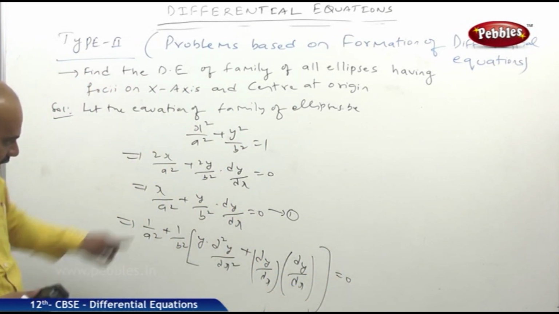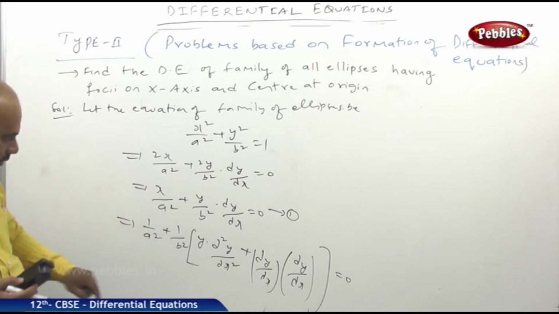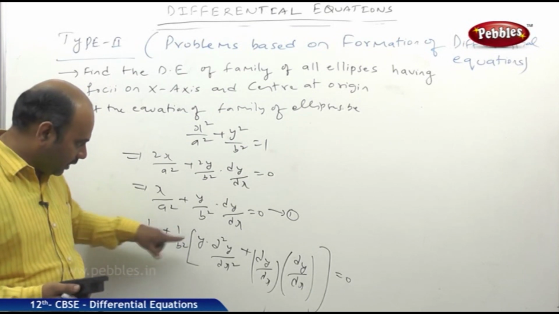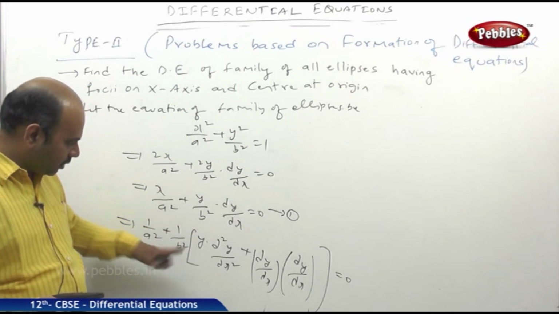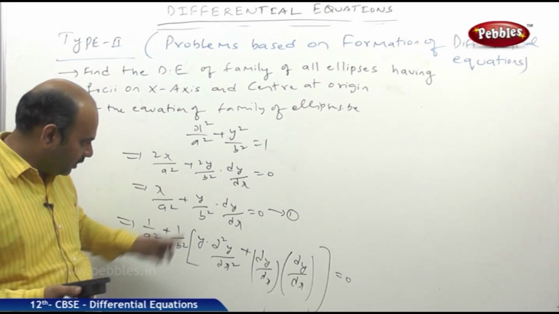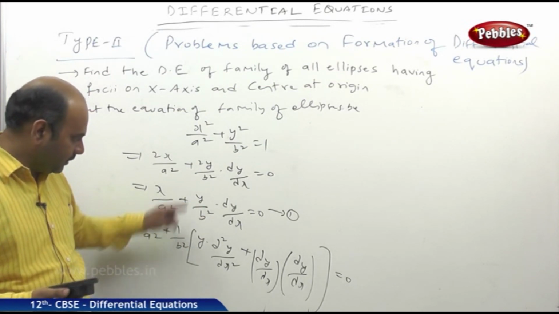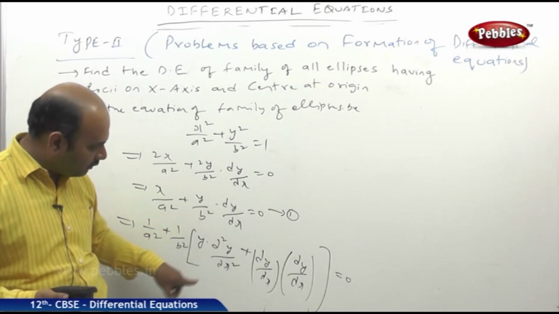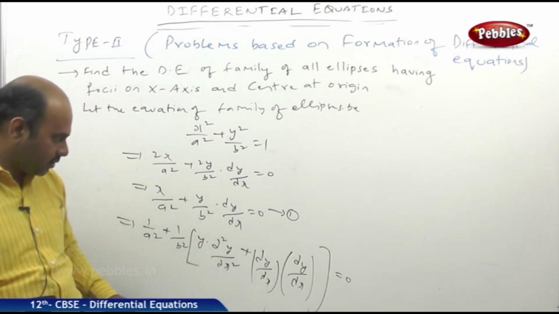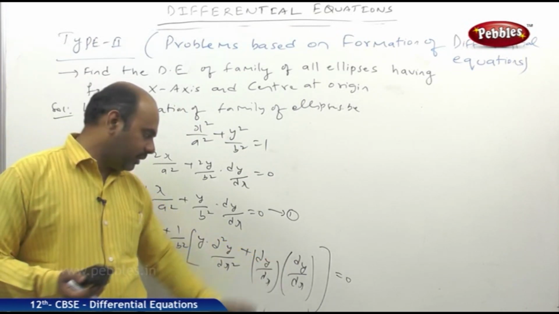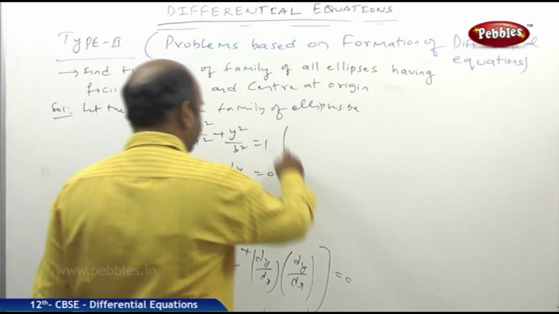If you observe carefully, the derivative of x is 1, so 1 by a square plus 1 by b square, because it is a constant, I made it outside. So y into dy by dx, applying the UV rule: y into derivative of dy by dx, that is d square y by dx square, plus dy by dx into the derivative of y, which is dy by dx. I think it is clear to you.